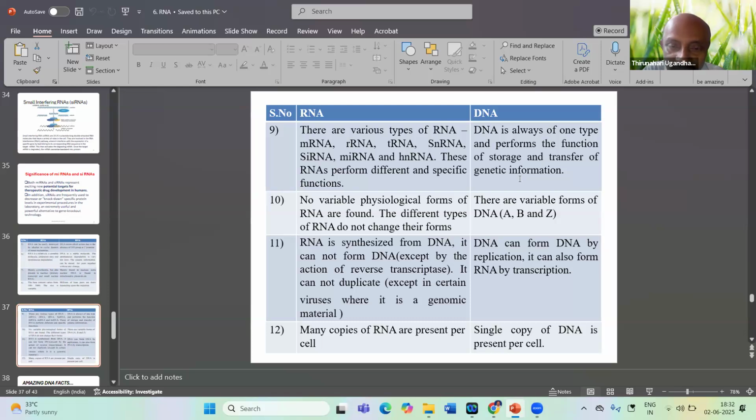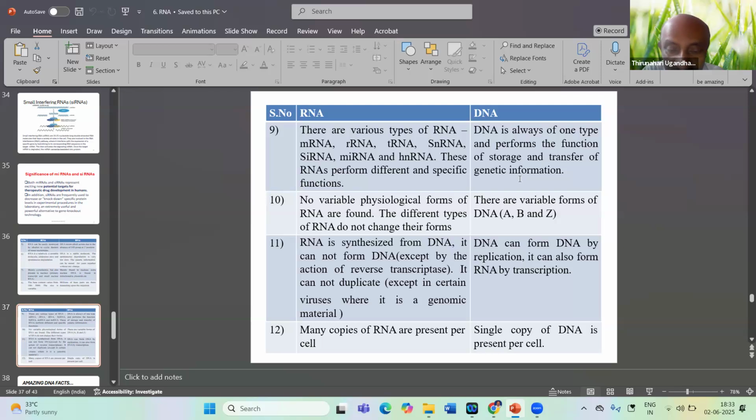It cannot form DNA except by the action of reverse transcription. It cannot duplicate except in certain viruses where it is the genomic material. DNA can form DNA by replication. It can also form RNA by transcription.